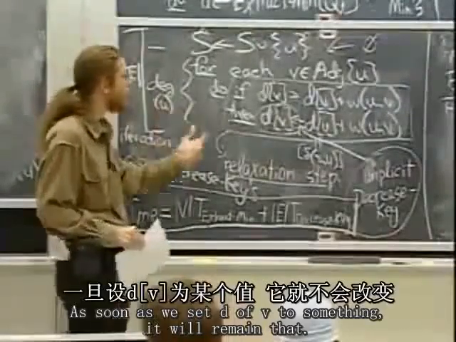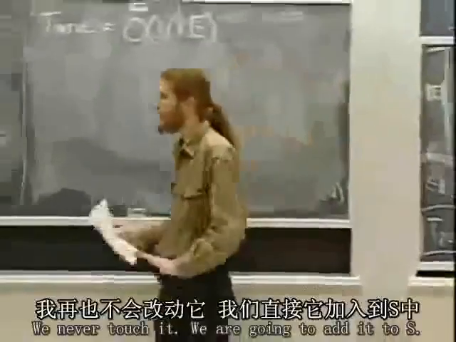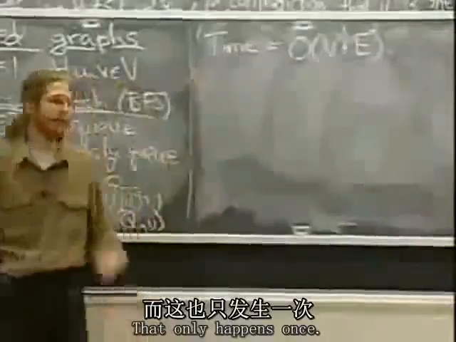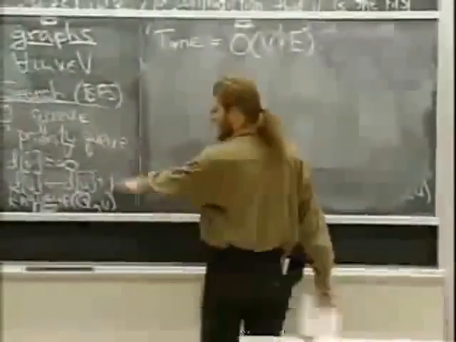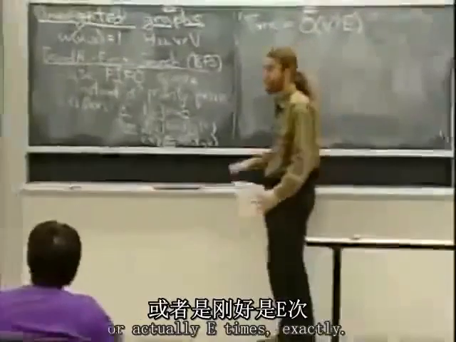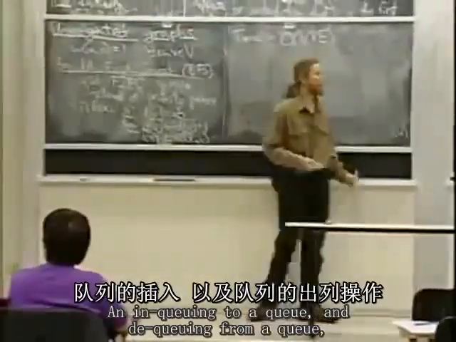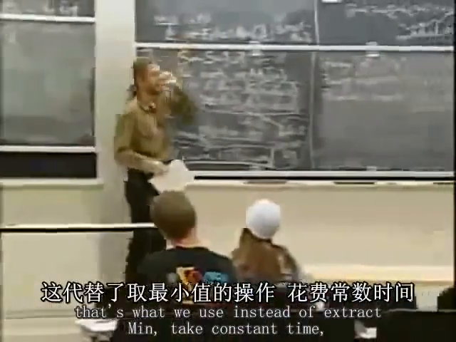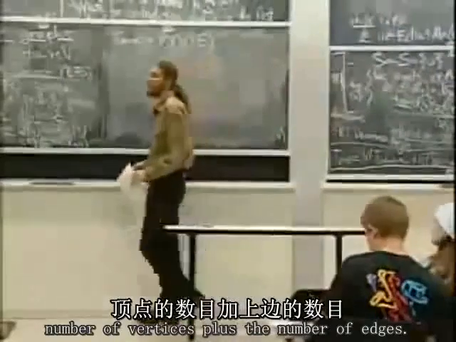As soon as we set d of v to something, it will remain that. We never touch it. We're going to add it to the queue only once. So this if statement and the enqueuing is done order e times, actually exactly e times. And enqueuing to a queue and dequeuing from a queue, that's what we use instead of extract min, take constant time. So the total running time is number of vertices plus number of edges.